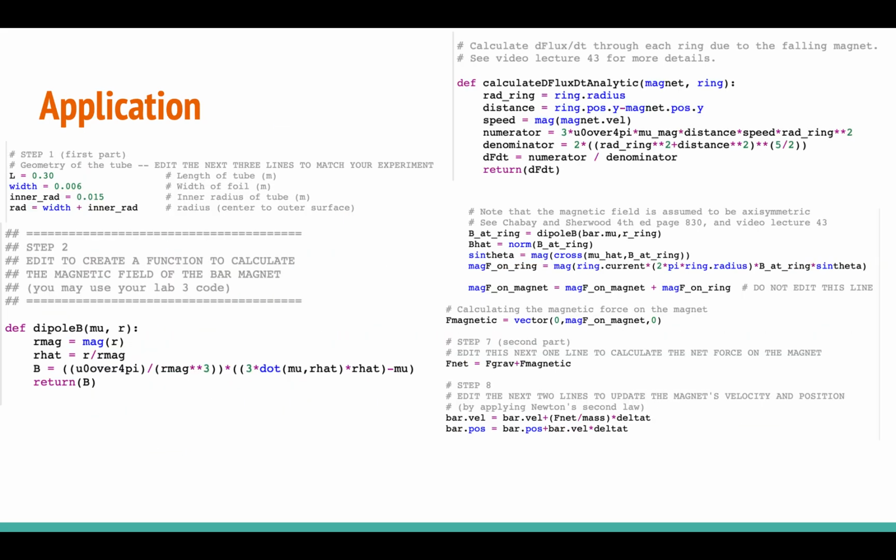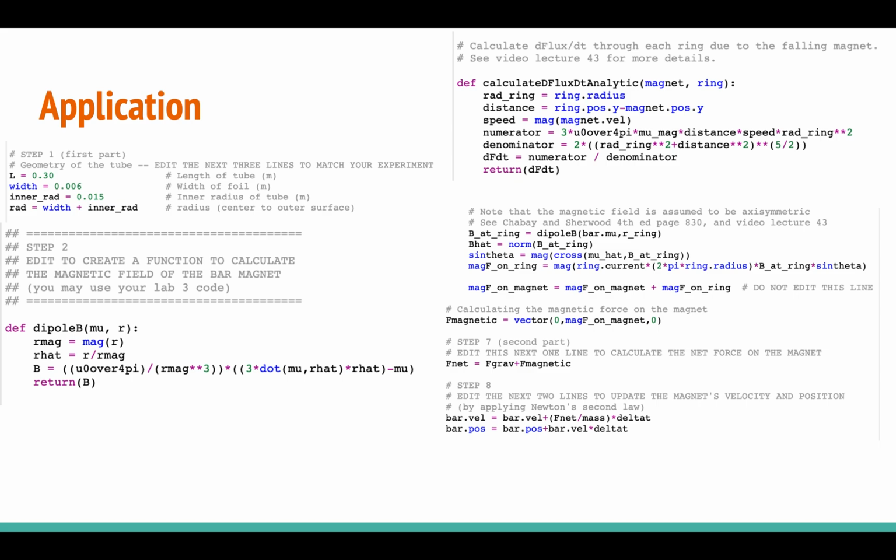Now let's discuss a little bit of how we applied that to the computational model. So first we inputted the length, width, and radius of the aluminum foil tube. We also inputted the mass of our bar magnet.